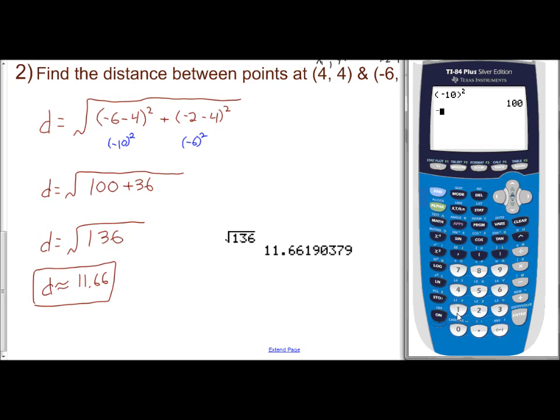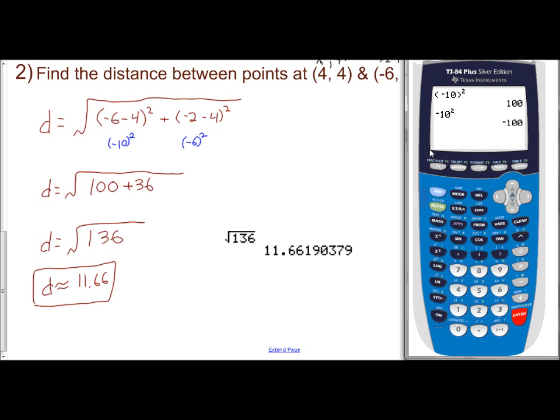But if I do not put a parentheses around it, and I type in -10 squared, the calculator follows order of operations. Negative coefficient really means there's a -1 times 10, and then you're squaring it. So it's going to do the exponent first. It's going to square 10 first, and then work with the negative. So if I hit enter here, I get -100.